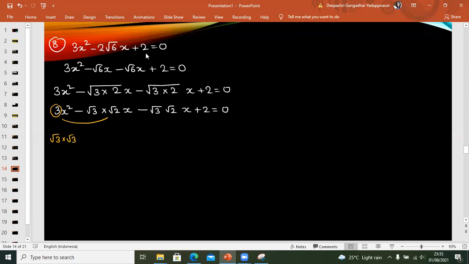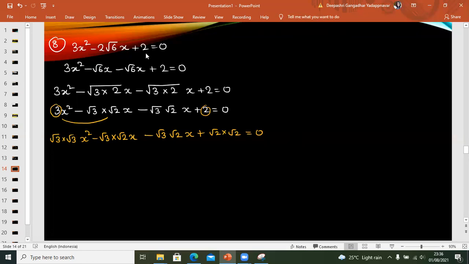So we are writing this 3 as root 3 multiply root 3, so that we can take this root 3 common out for this step. So x square minus root 3 multiply root 2x minus root 3 root 2x plus, here also 2 can be written as root 2 multiply root 2 equals 0.